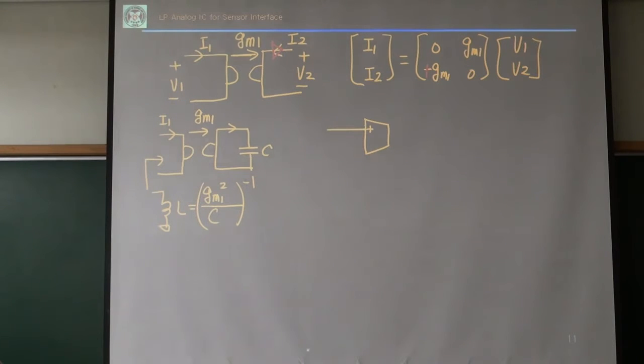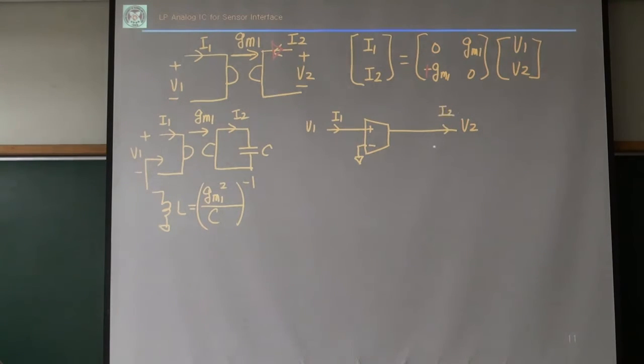This is my V1, this is I1, and this is grounded. Then this is V2, and this is I2.